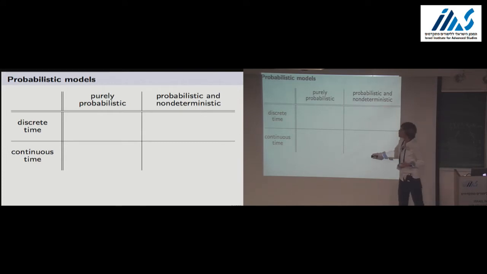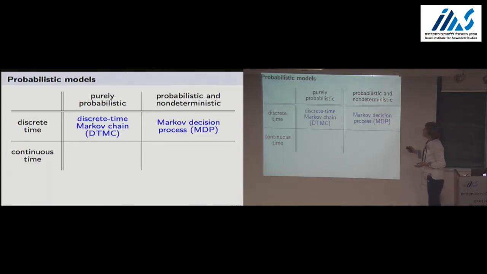Well, and in the continuous time world, you may assume that the time is represented by the non-negative reals. Now, to fill this table, the most prominent model in the intersection of discrete time and purely probabilistic are the discrete time Markov chains. We will come to this in a second.